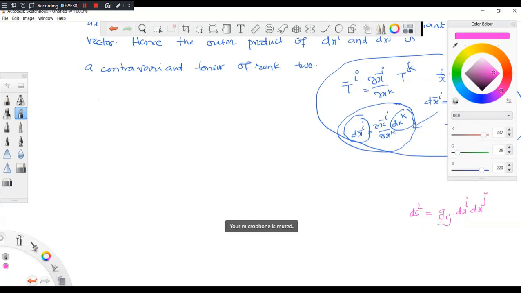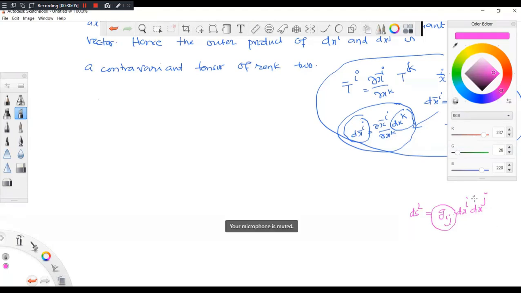And now I want to know what is the nature of this gij. It's a doubtful quantity. Gij, g11, g12, etc., is coming as the coefficient of dxi dxj, and I don't know whether it is a tensor or not. So this is a doubtful quantity.